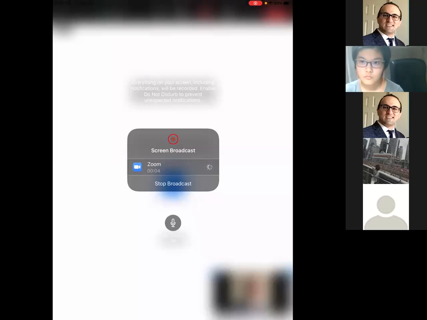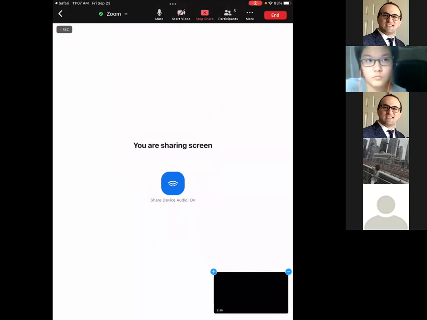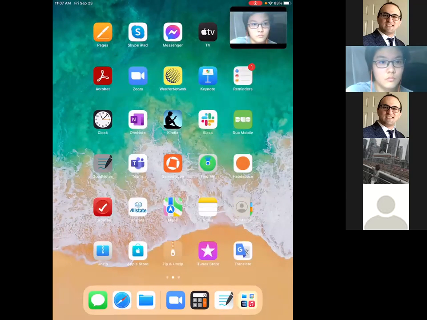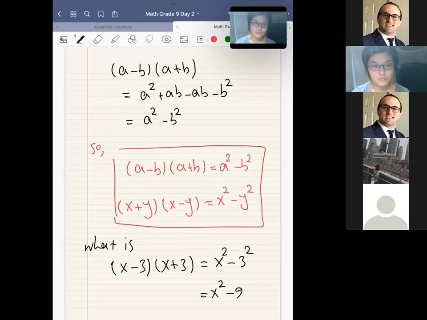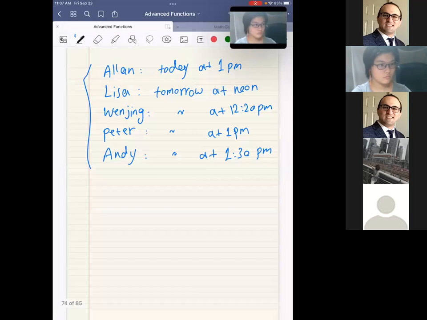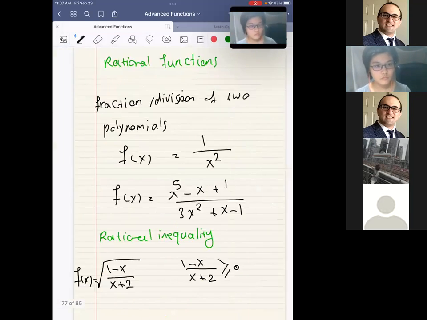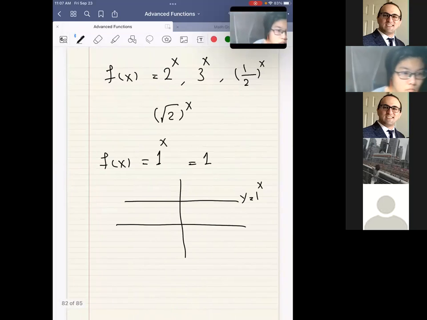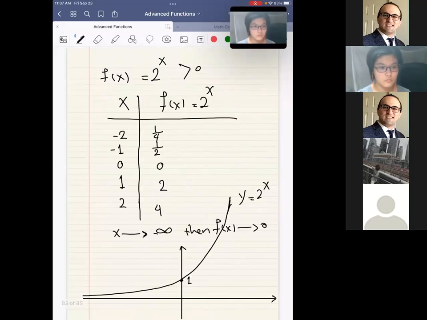Okay, so let us look at what we did yesterday. So we talked about the exponential functions like 2 to the power x or 3 to the power x.